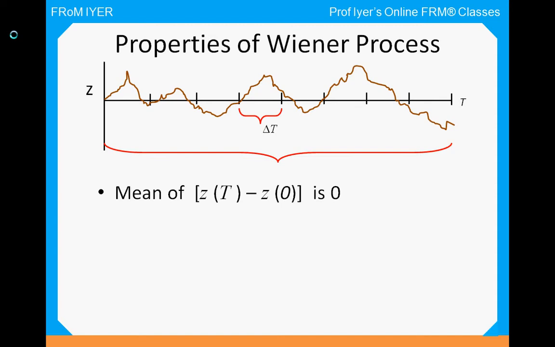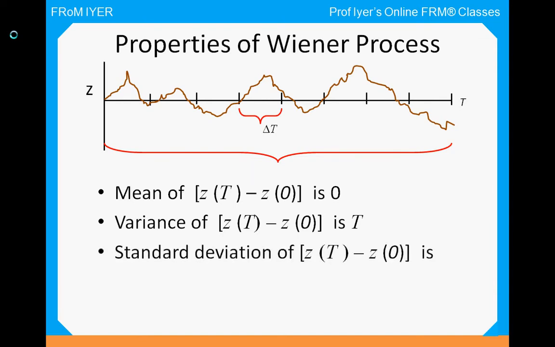That's the first property. The second property is that the variance of zt minus z0 is equal to t, which means that the variance of a Wiener process is simply the amount of time that has passed from time t equal to 0 to t equal to capital T. In other words, we are saying that the standard deviation of zt minus z0 is equal to root of t.